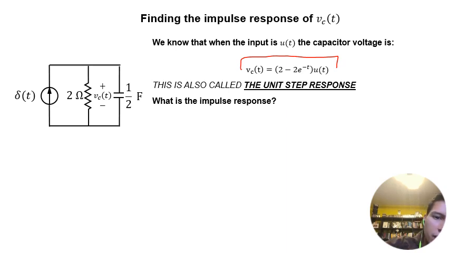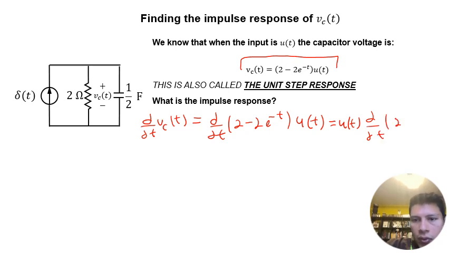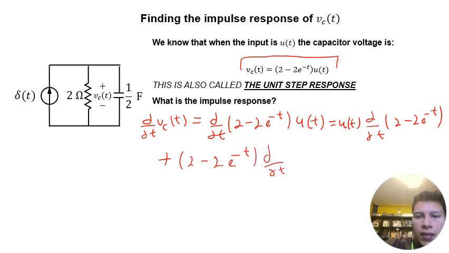So d/dt of vc of t is equal to d/dt of (2 minus 2 e to the negative t) u of t, which is equal to u of t times the derivative of 2 minus 2 e to the negative t, plus 2 minus 2 e to the negative t times the derivative of u of t.